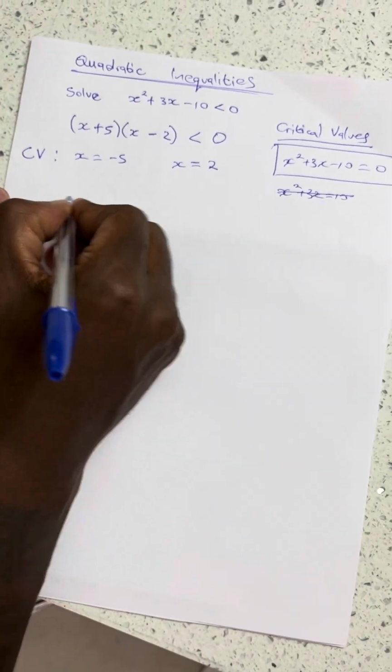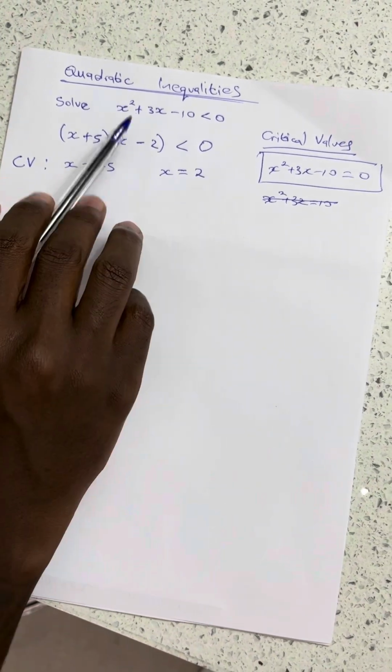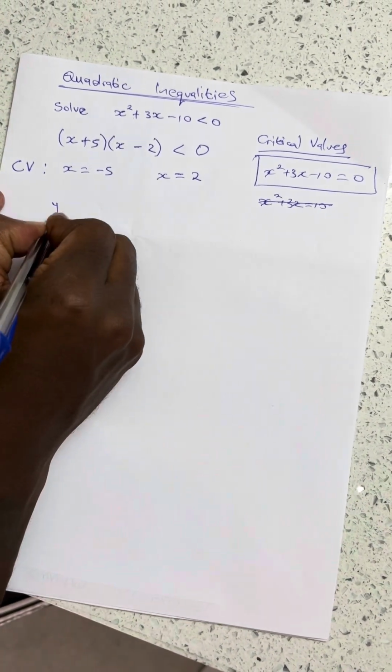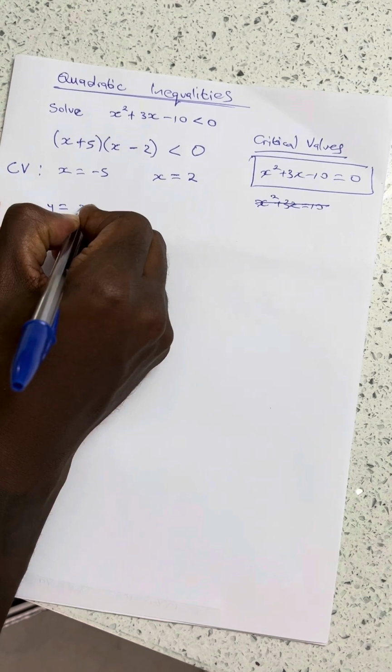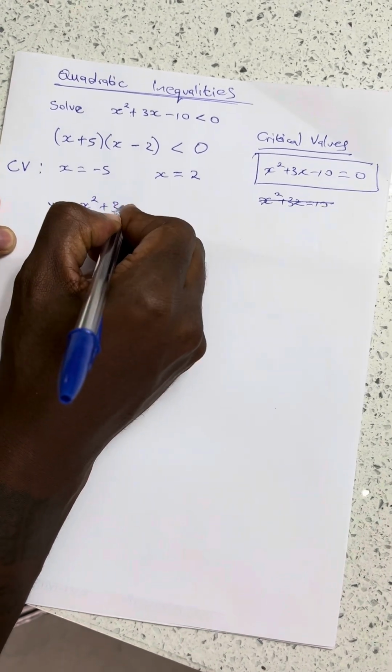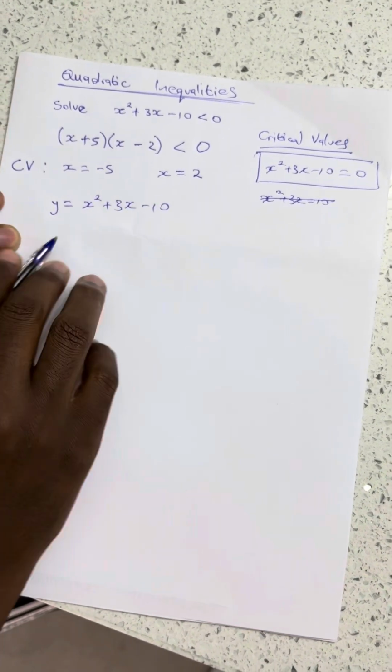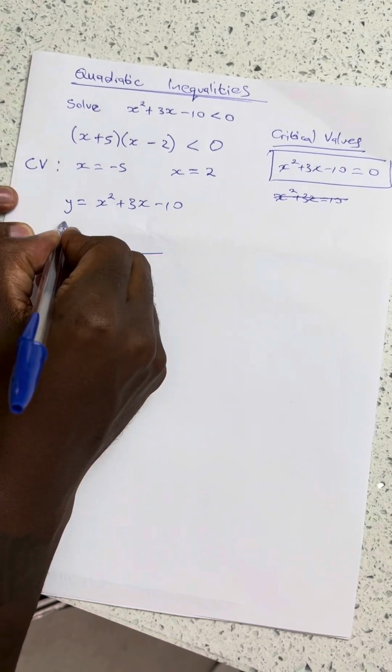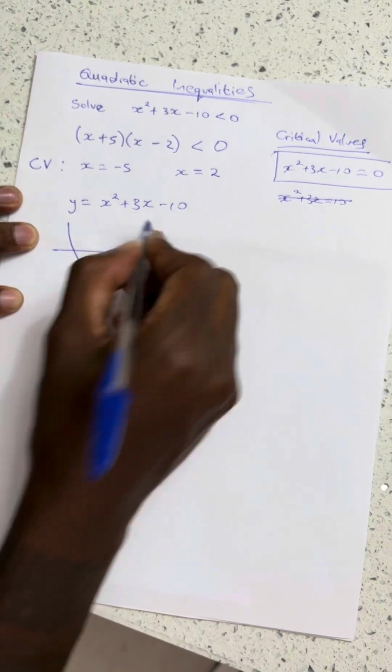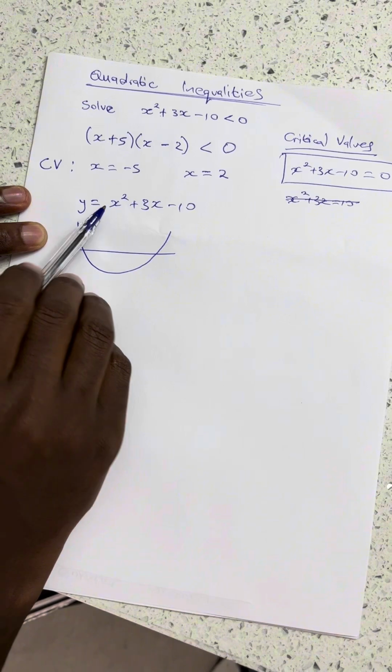What this basically means is that if we were to draw the graph y equals to x squared plus 3x minus 10, it's a smiling graph, since our x squared coefficient is positive.